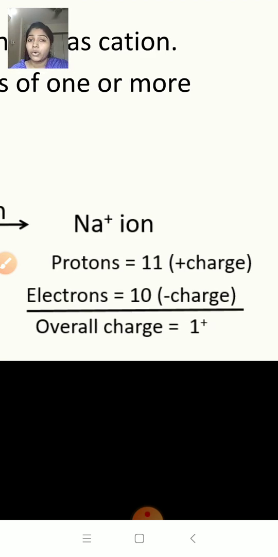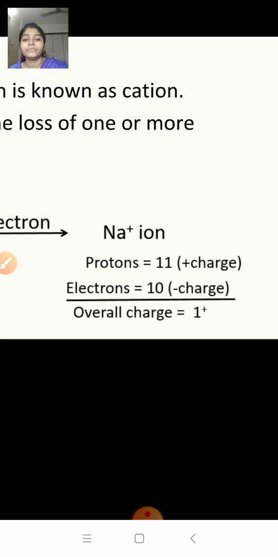So the protons will remain the same. Only the electrons will change. So sodium over here lost one electron. So the total electrons will be 10. And the overall charge is +1. And that +1 is represented on the sodium. You can see Na+. If it is 1, we do not write 1 over there. If it was +2, then we would write Na2+. Okay. Now it is 1. That's why we write only the plus.